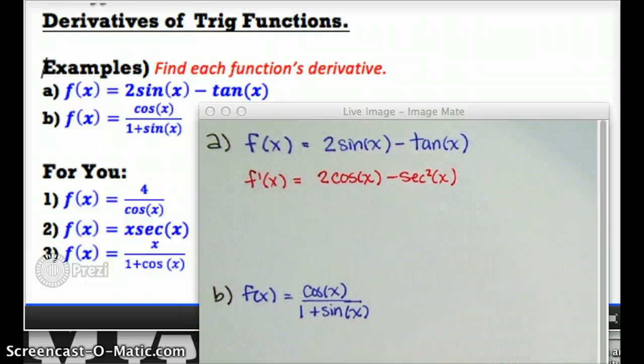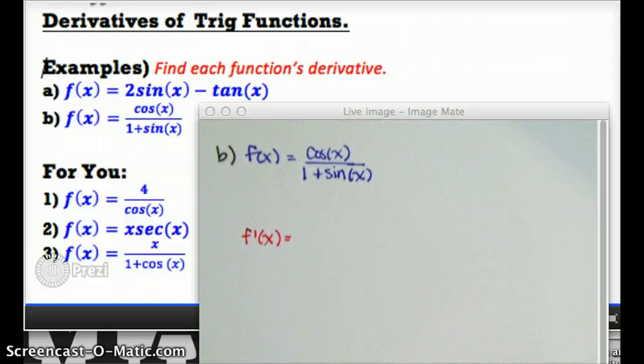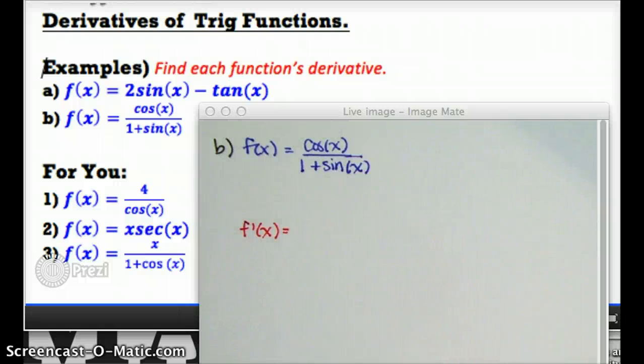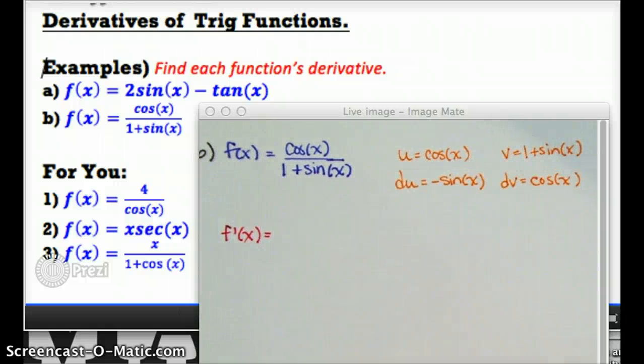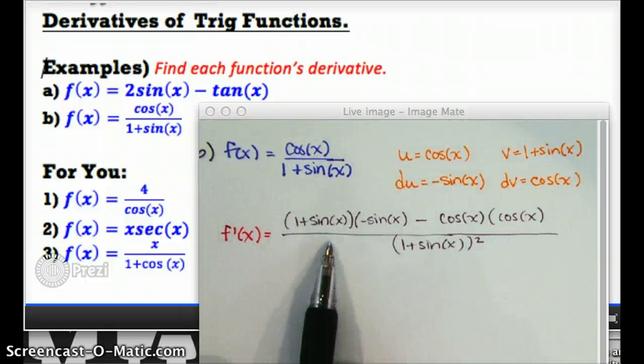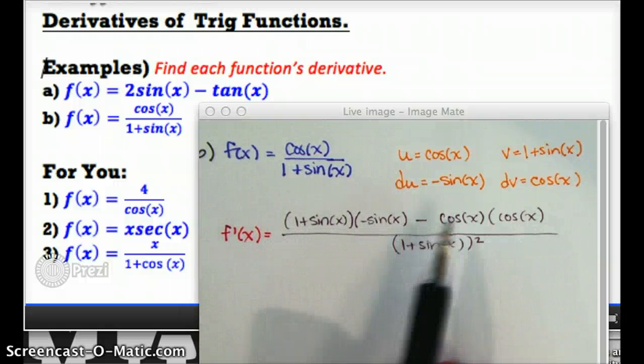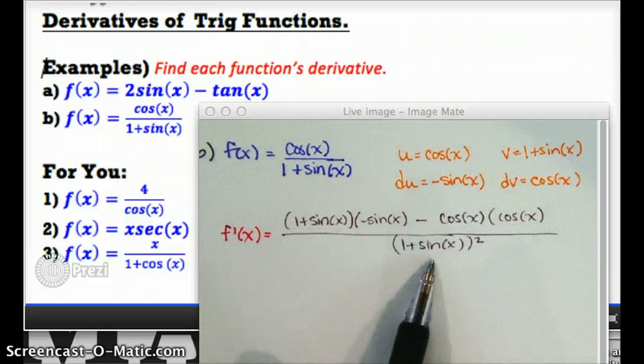How about if we wanted to take the derivative of cosine x over 1 plus sine of x? For this one, we would want to use the quotient rule. So I would choose my u and v, find their derivatives, and after I plug into the quotient rule, v du minus u dv over v squared, it's just a matter of really carefully simplifying.